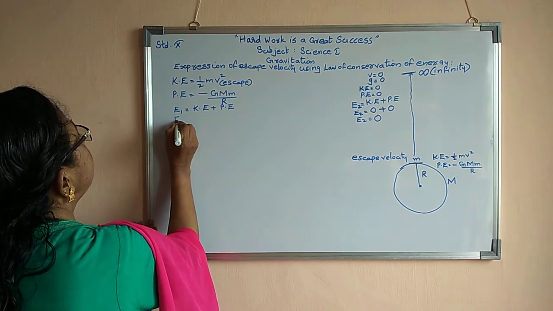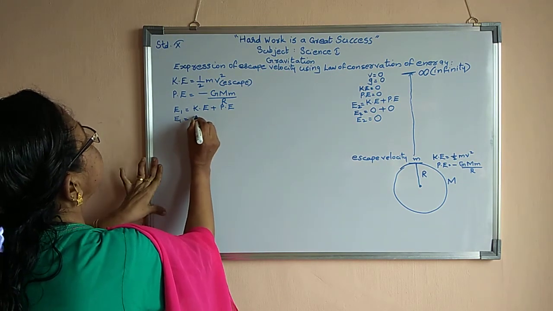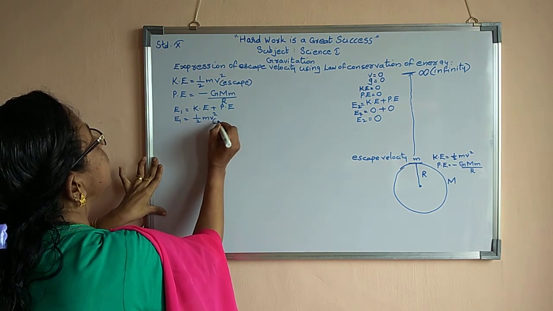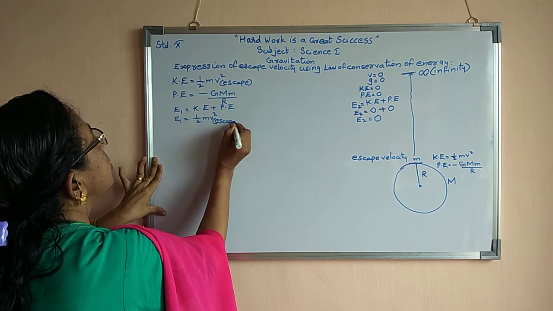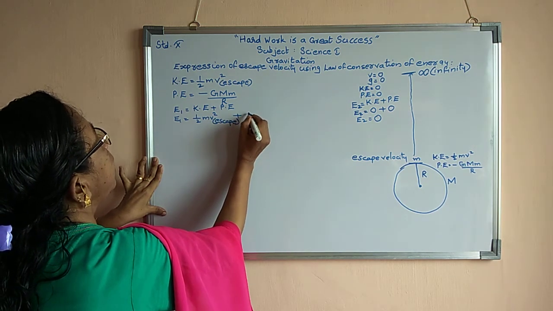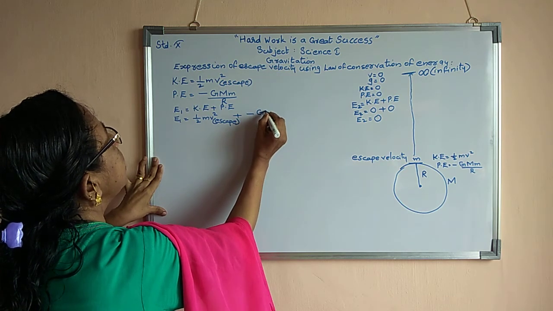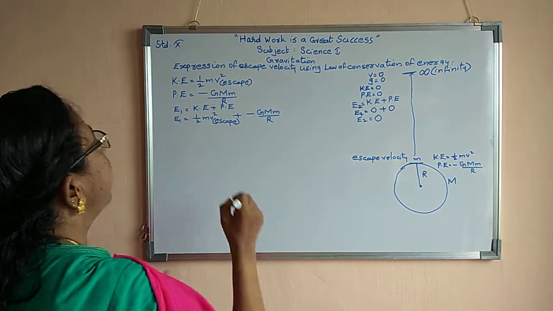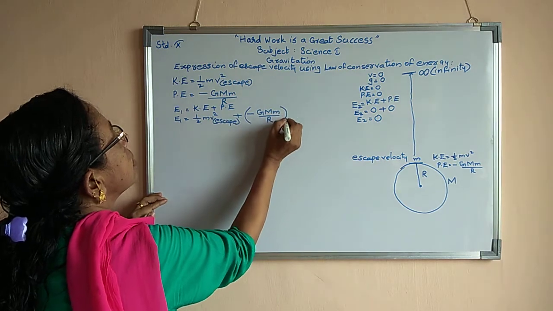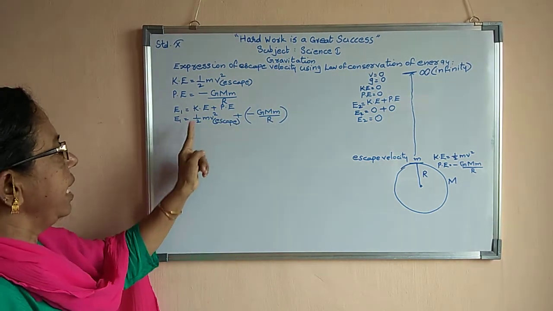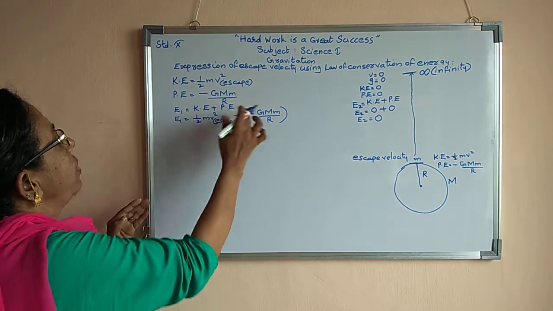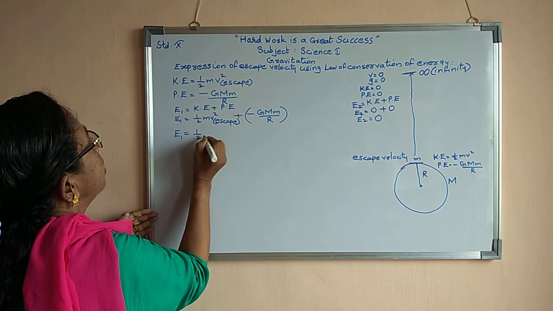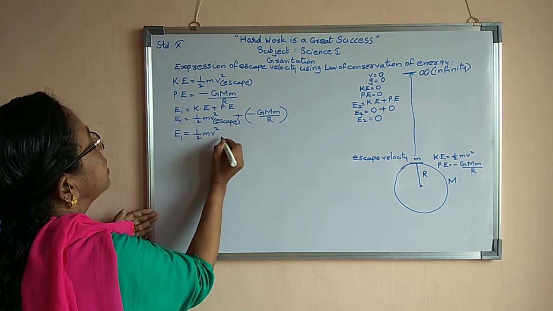Now here E1 is equal to Ke, which is half mv square, where v is the escape velocity, plus Pe, which is minus capital G, capital M, small m upon R. Now here you see, we are totaling both of them, Ke plus Pe. Now what will be our answer? E1 is equal to half mv square, where v means escape velocity.